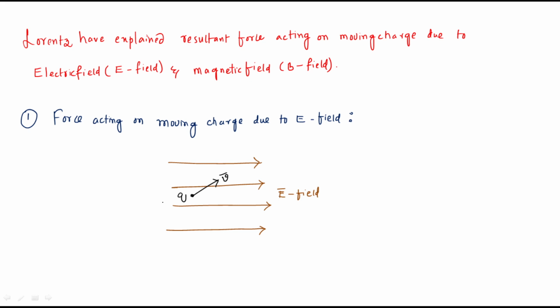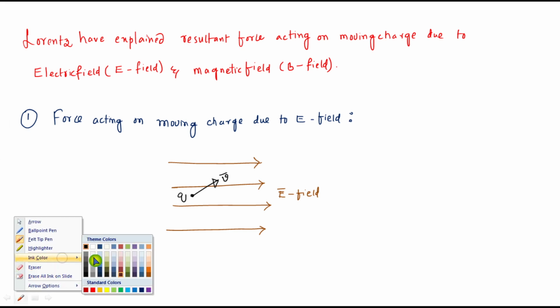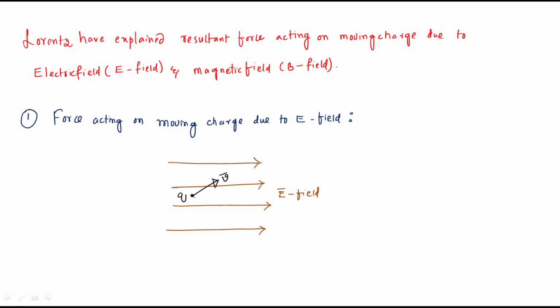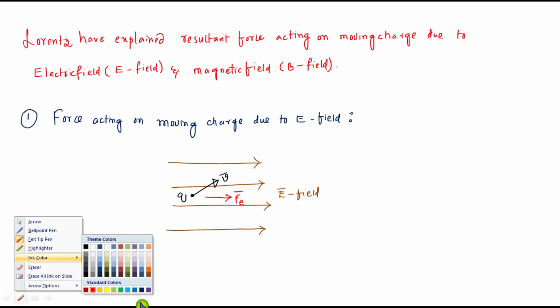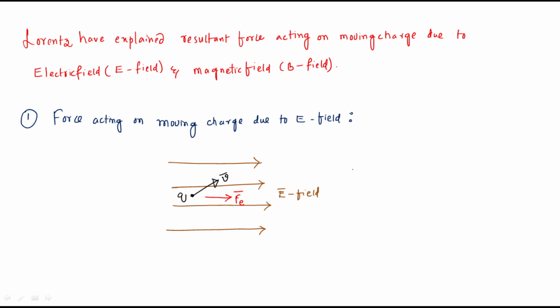So in that electric field we have a point charge which is traveling with a velocity v, and we have to calculate the force which is acting on this moving charge, in the direction of the electric field.